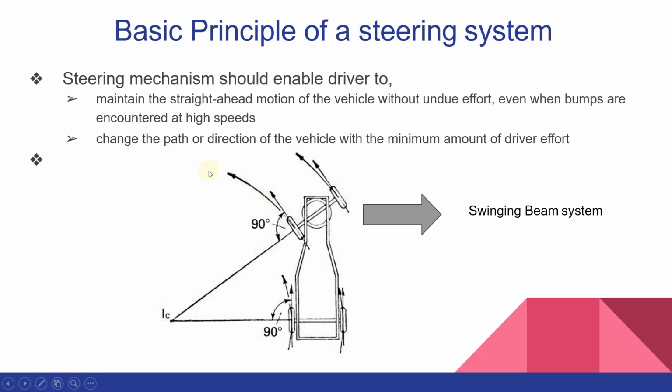The inner radius, or the inner distance, is smaller when the vehicle is undergoing a turn. The inner tire has to move only through a small distance, whereas the outer tire should cover a larger distance. So both the velocities will be different, and if we are using such a system, it will cause slipping to occur, and therefore there will be tire wear.